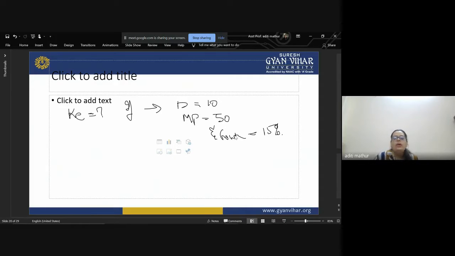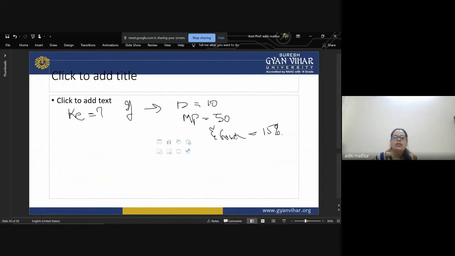When such types of questions come in front of you, the first thing which should click in your mind is which method to be used. For that, you should first write what all things are given to you in the question, and then analyze which formula is suitable when these elements are given.